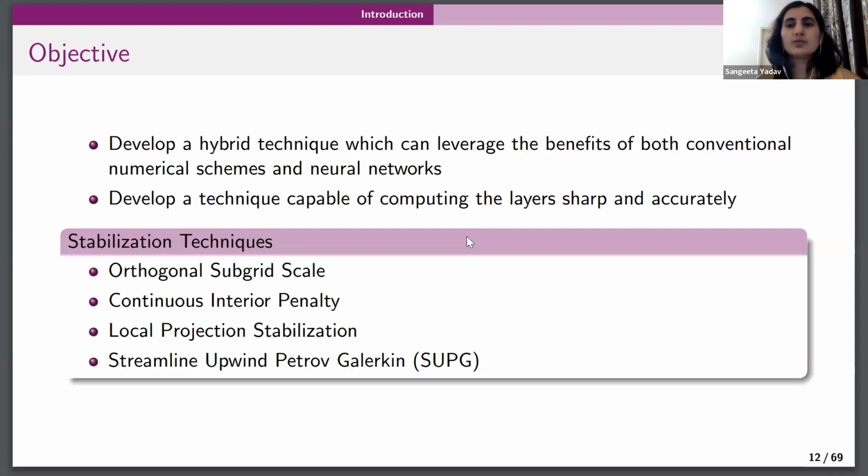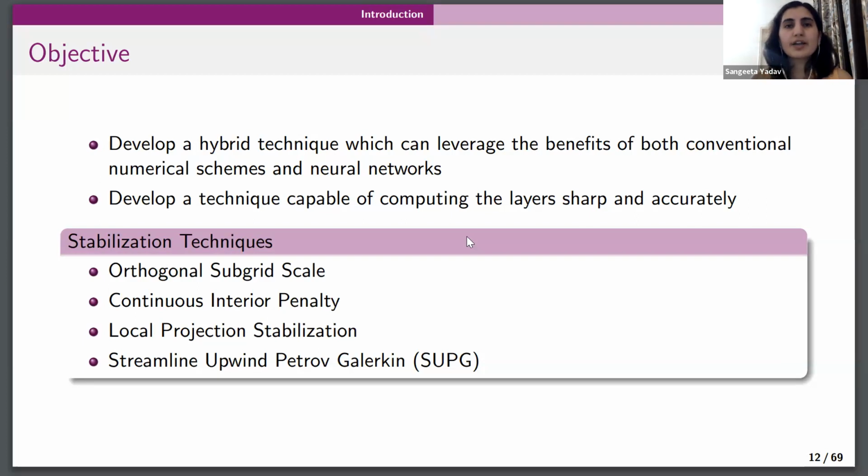So in this work, our objective was to get rid of the limitations of both the conventional numerical scheme as well as the data-driven PDE solvers. For the conventional numerical scheme, the limitation was to come up with an optimal stabilization parameter for a stabilization scheme. And for the data-driven PDE solvers, we have to come up with a better loss function which can cater to the singularly perturbed cases.